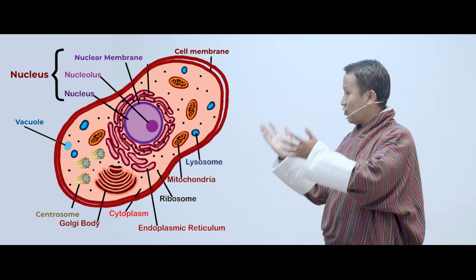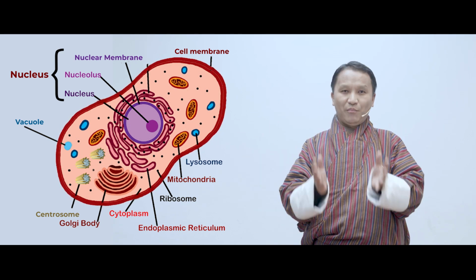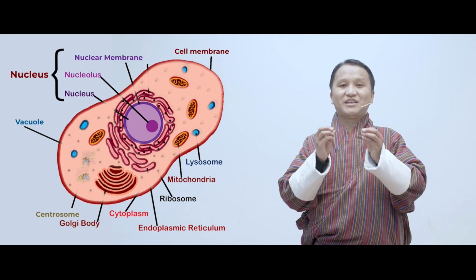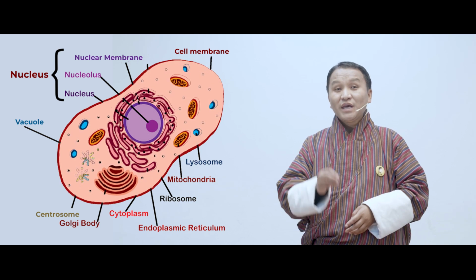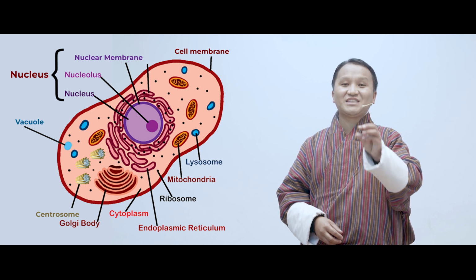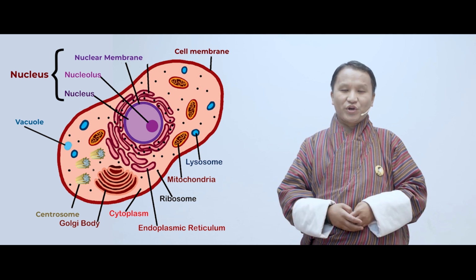In the animal cell, the outermost layer, as you can see here, is the cell membrane. Within the cell membrane, you will find a jelly-like structure which is called cytoplasm. In the cytoplasm, there are many organ-like structures which we have already defined as cell organelles.